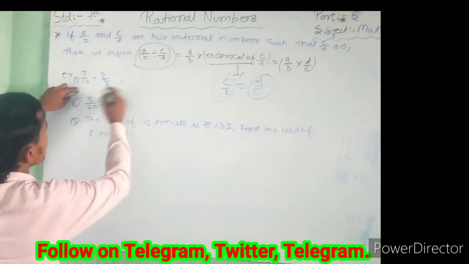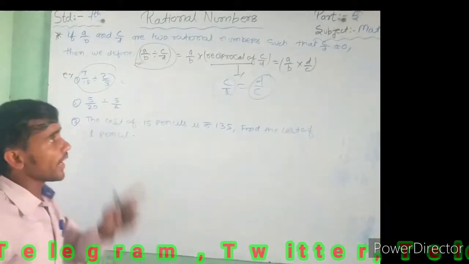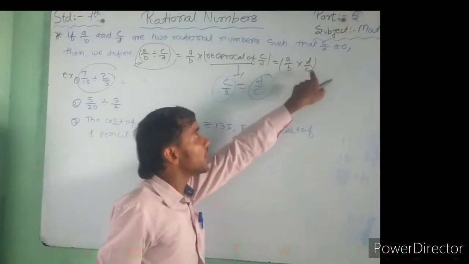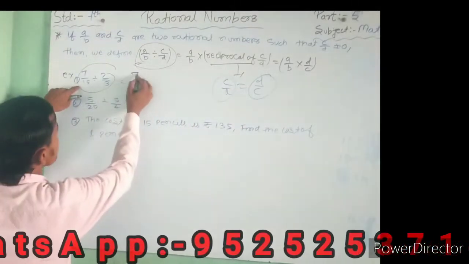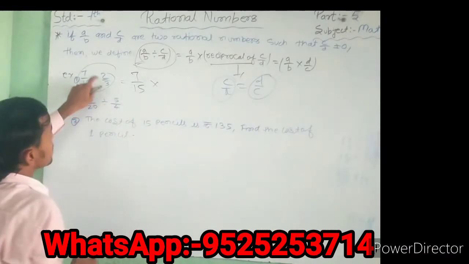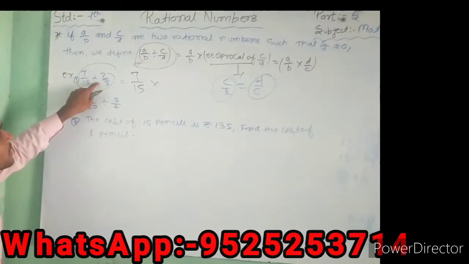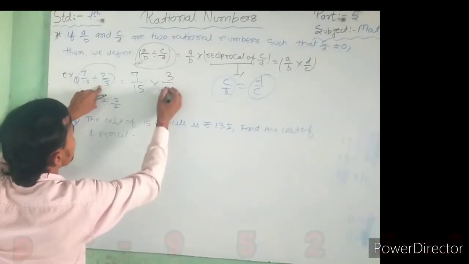Okay, here is one question. So firstly you take 7 by 50 as the question format. The answer is a by b multiplied by d by c. So first 7 by 50, multiplied by the reciprocal of c by d, which is 3 by 3.